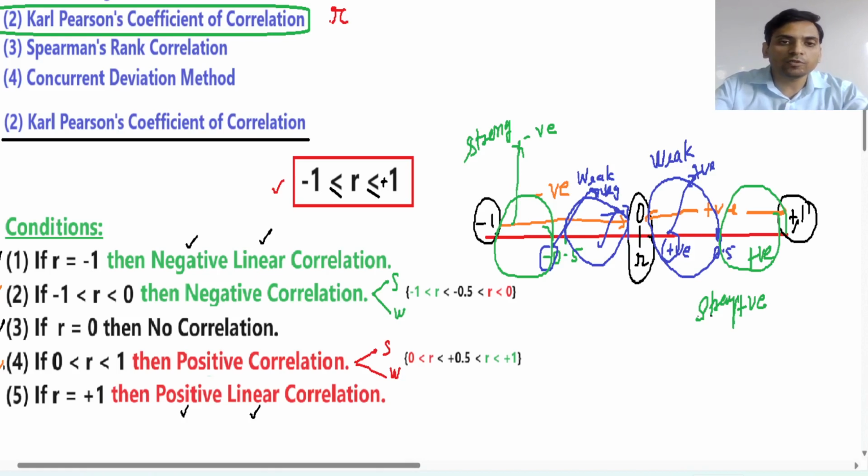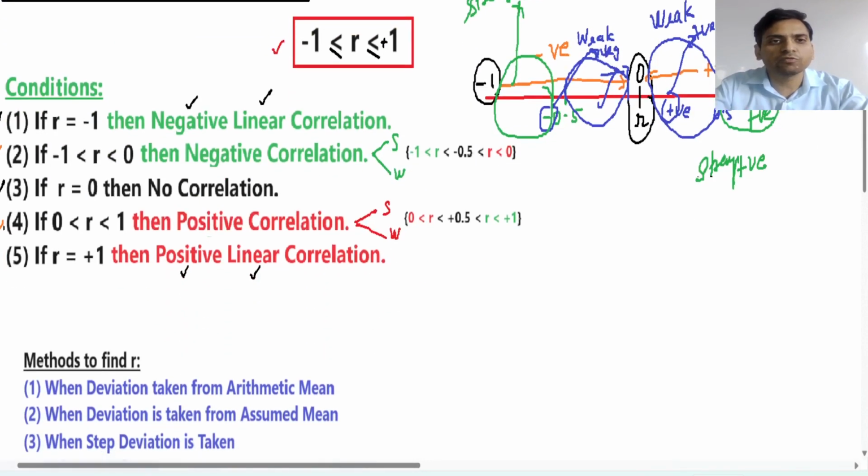If the value is nearer to 0, then we can say a weak relationship. And on the basis of the plus or minus symbol, we can decide whether there is positive or negative correlation. So these are the conditions for identification of correlation type, and r always lies between -1 and +1.